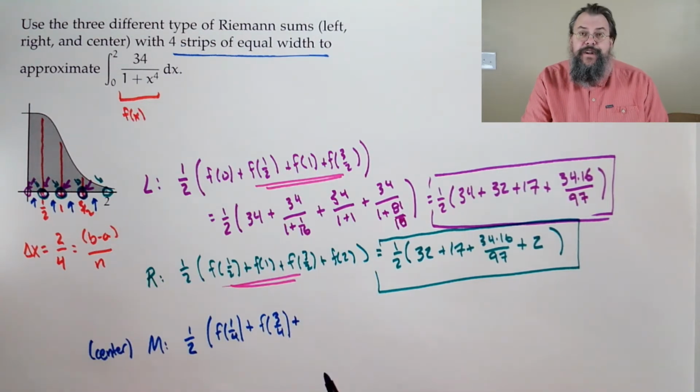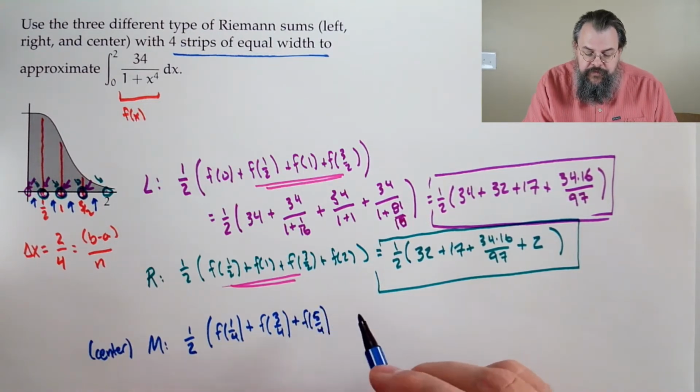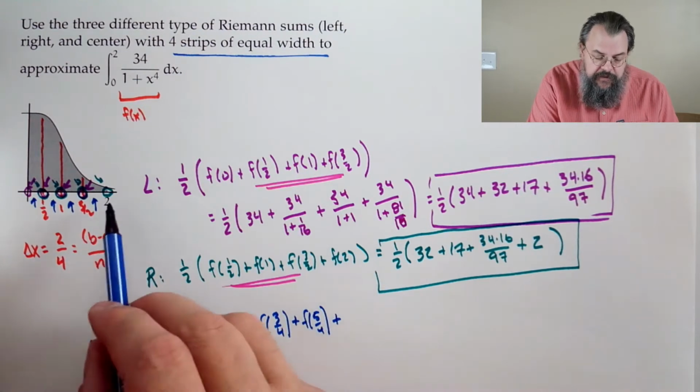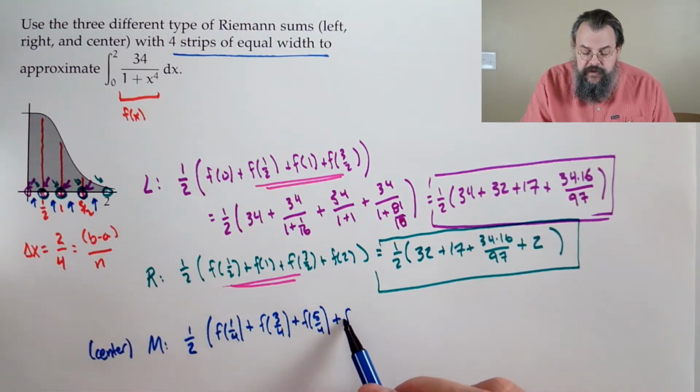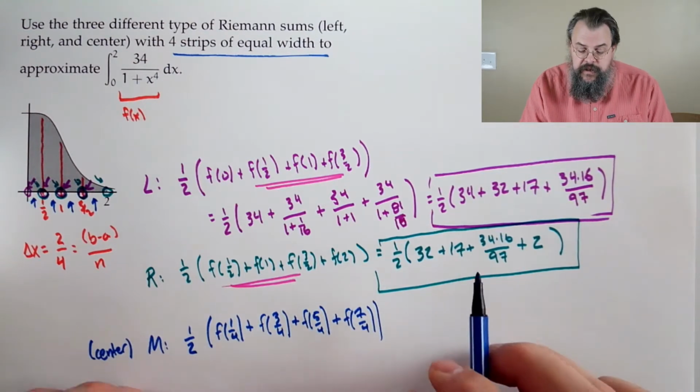But we can do slightly better. That's 5/4. So function at 5/4. And then between 3 halves and 2, well, that'll be the function at 7/4. And there you go.